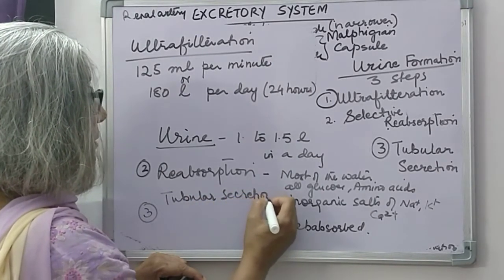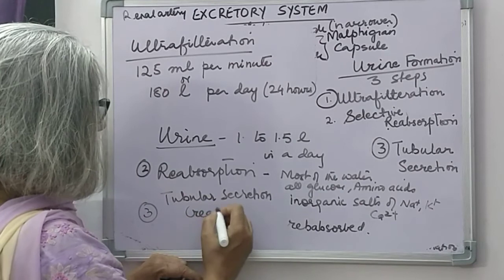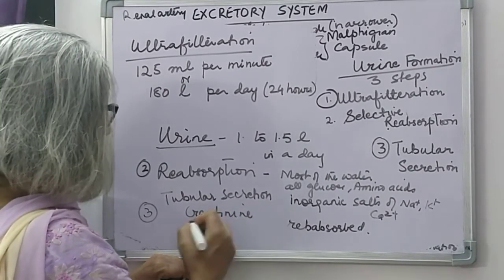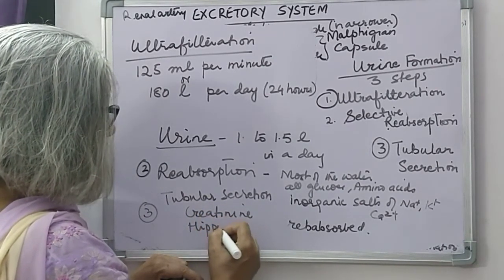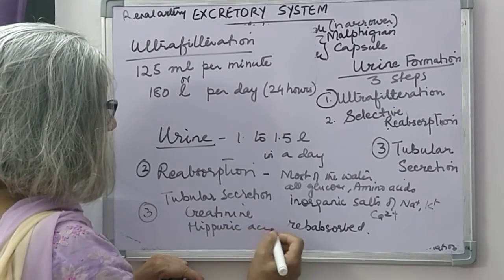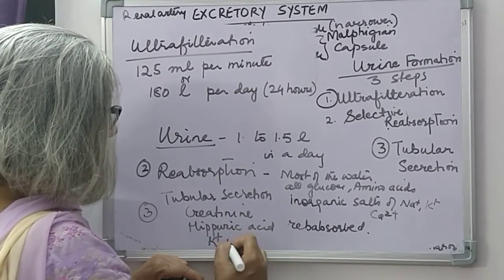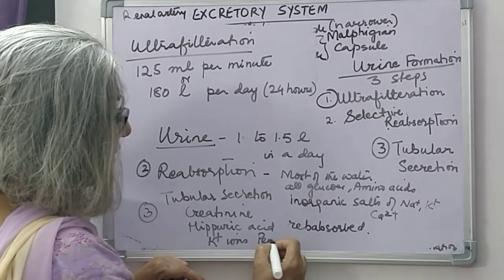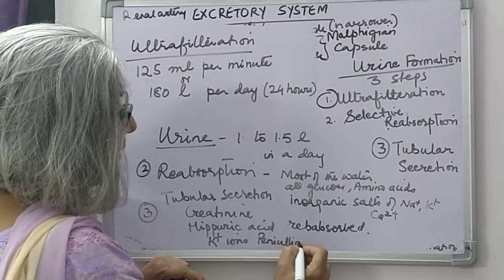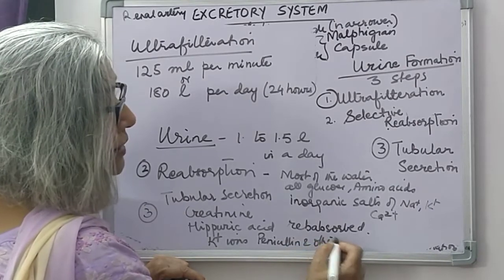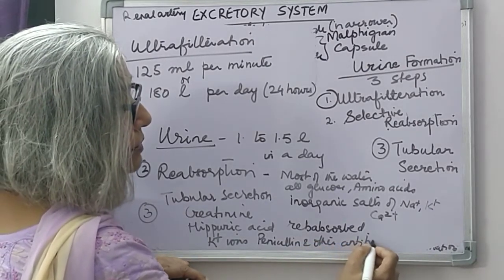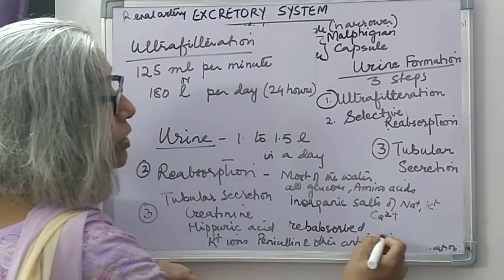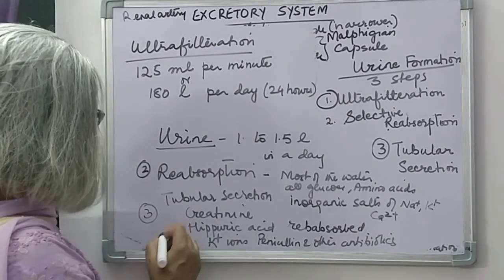Here substances like creatinine, hippuric acid, potassium ions, and antibiotics like penicillin and other antibiotics are secreted into the lumen of the DCT region.